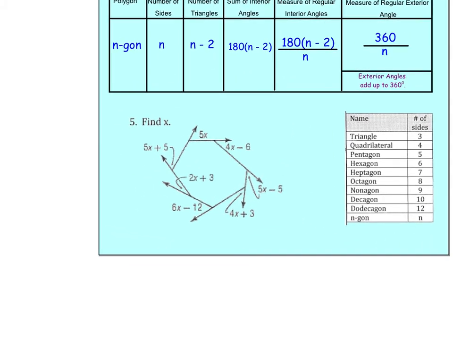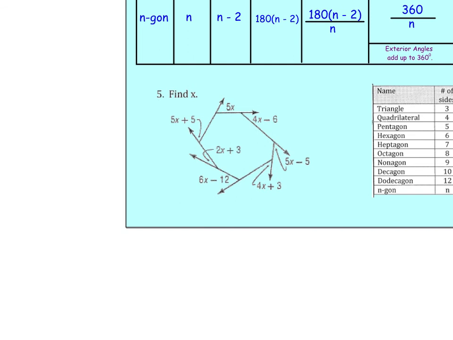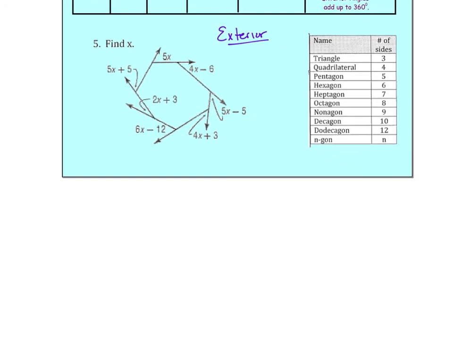Okay, so here, a lot going on here. So these are all, please notice, these are all exterior. I'm going to change colors here. Go red. So I know that they're all exterior, which means I know that they all have to add up to 360.